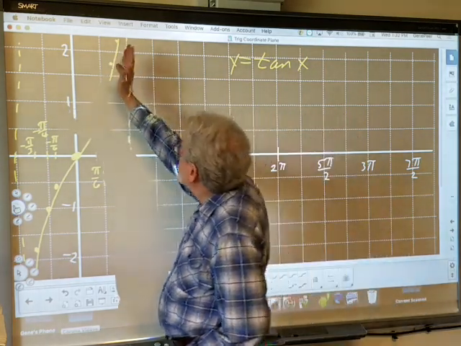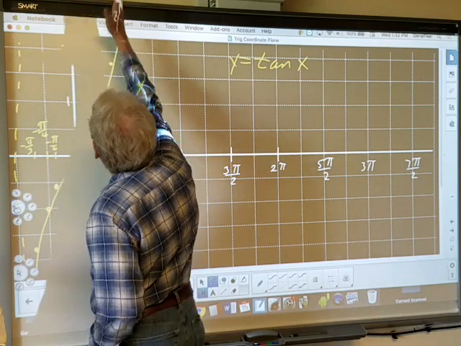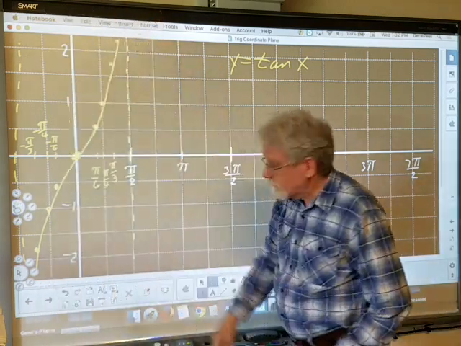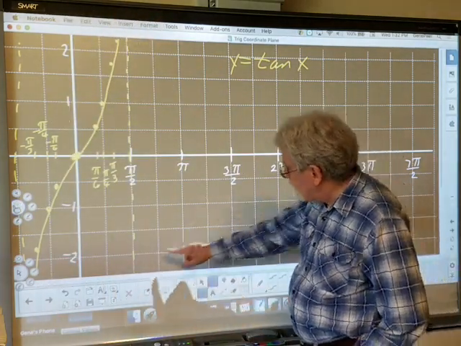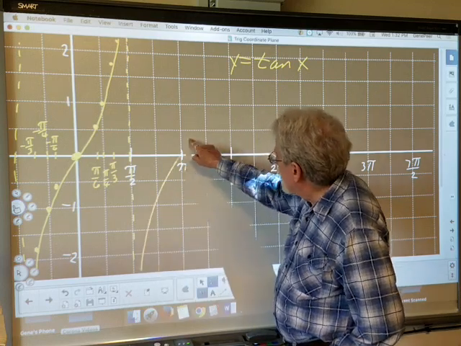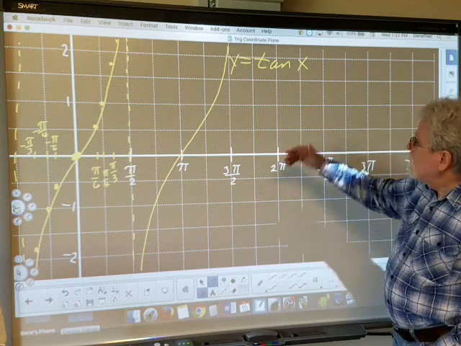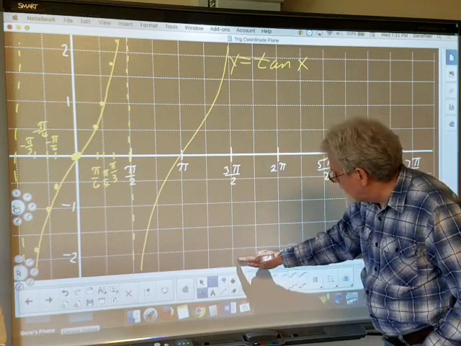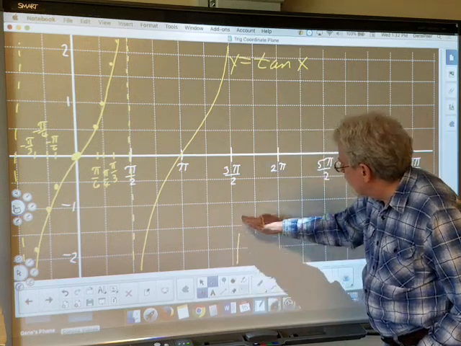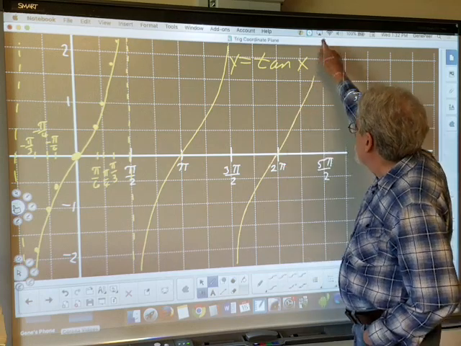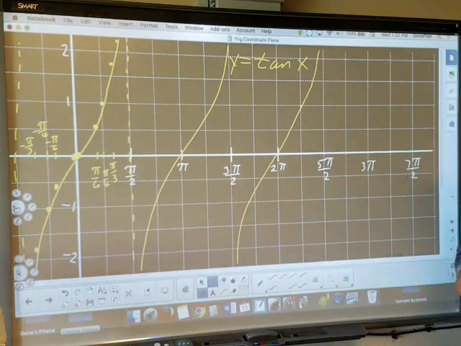It jumps from basically positive infinity to negative infinity and repeats itself, passing through pi and heading toward 3 pi over 2. Then it repeats itself, flips down here again and heads from infinity through pi over 2, heading toward 5 pi over 2.